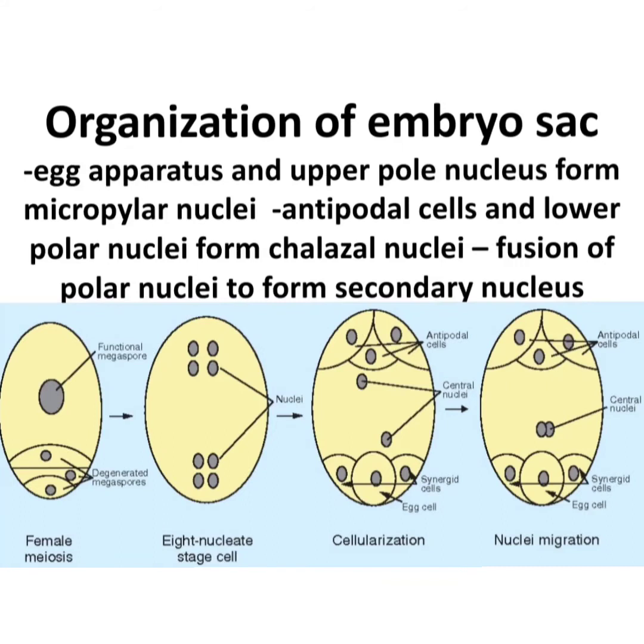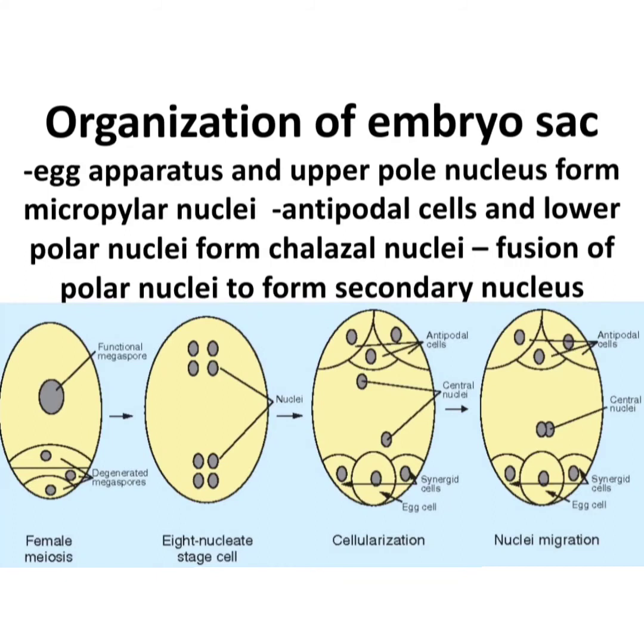In this image, you can understand better where the sporogenous tissue, which has a functional megaspore developed from the megaspore mother cell, has a single nucleus. It multiplies and forms a binucleate structure, then a 4 nucleate structure, then an 8 nucleate structure. The 4 nuclei are present at the chalazal end and 4 nuclei are present at the micropylar end.